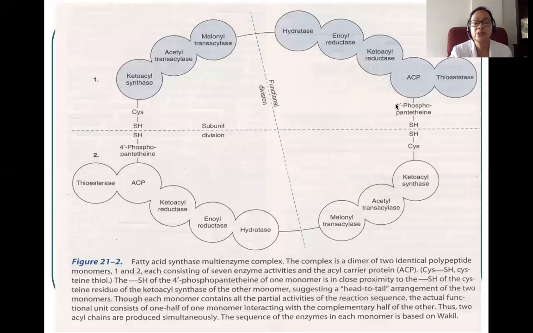So this is the fatty acid synthase complex. As I mentioned, there are 7 enzymes involved in the biochemical reactions after the condensation. The last one, the 7th enzyme, which is the thiolase, is responsible for the release of the final product, which is palmitic acid.